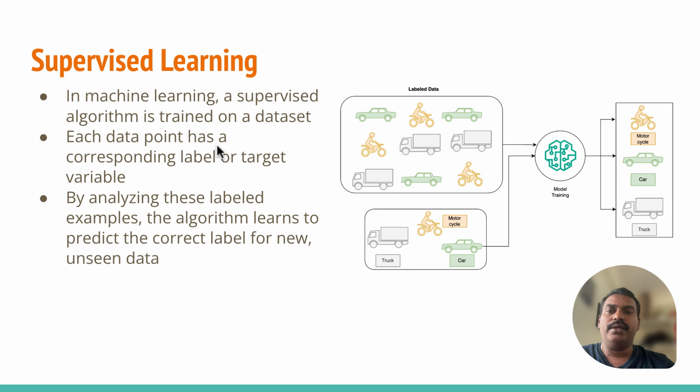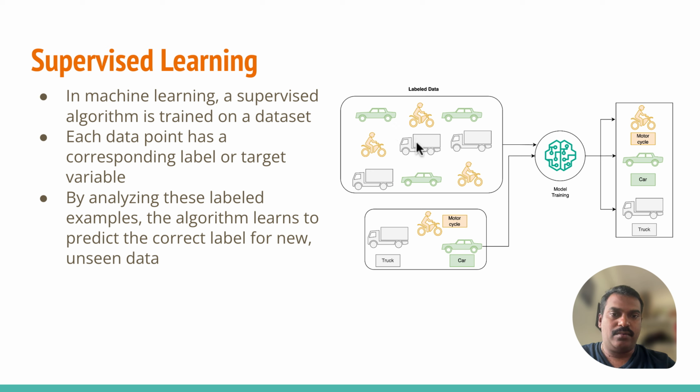So in supervised learning, the algorithm is trained on a data set. What do we mean by a data set? You will have an image with its label. Each data point, this is a car, this is a motorcycle, and this is a truck.